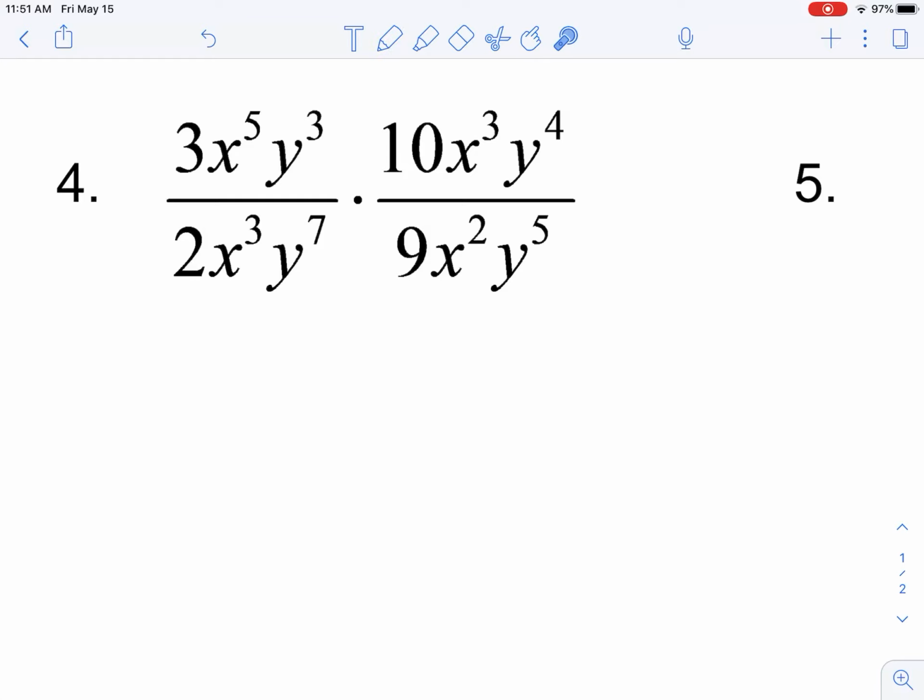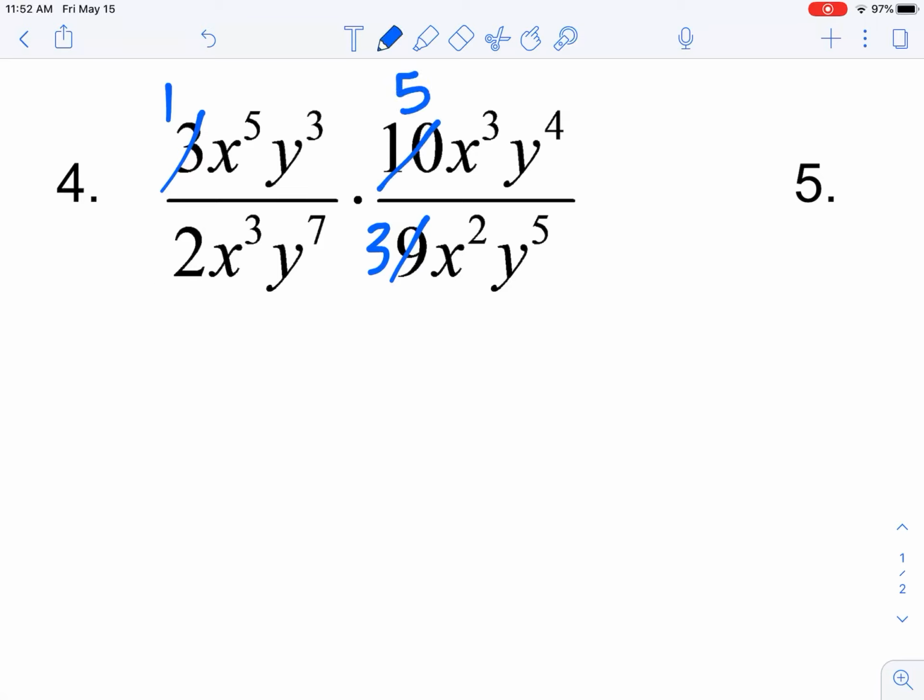So I see that I have a 3 in the numerator and a 9 in the denominator. So I can simplify that to 1 and 3. So I'm just dividing both of those by 3. Then I can see I have a 10 in the numerator and a 2 in the denominator.